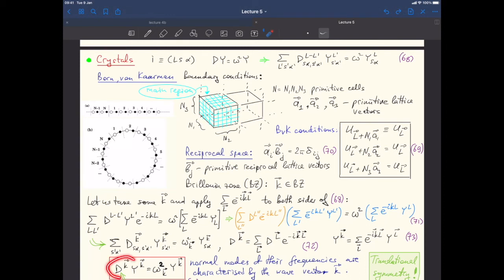Still, for each vector k, we have this finite size problem to solve to determine all frequencies. So this way, we shall obtain all the vibrations of a crystal as a function of the vector k in the Brillouin zone.